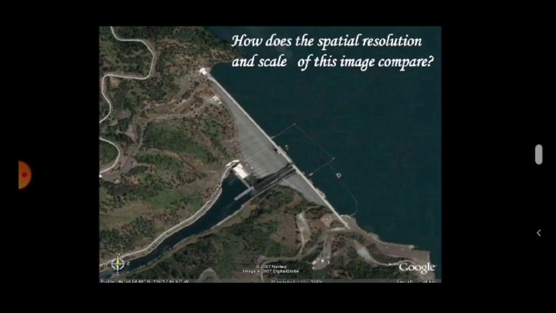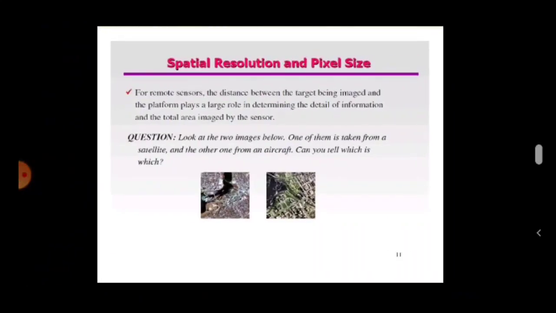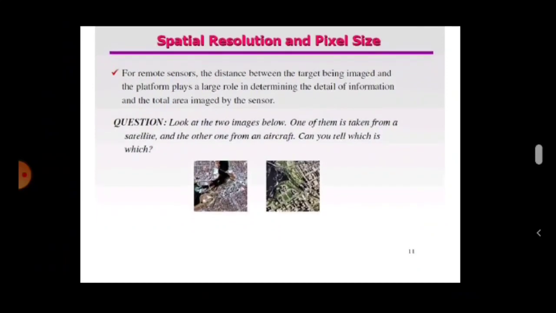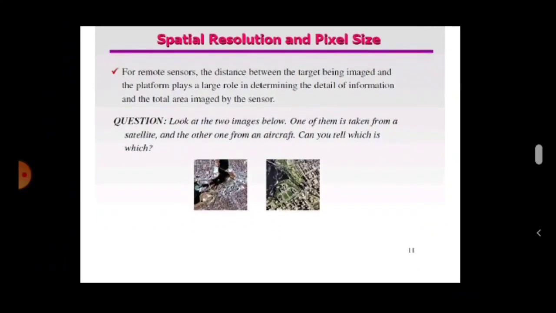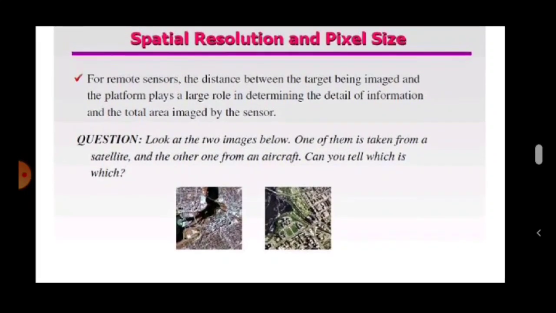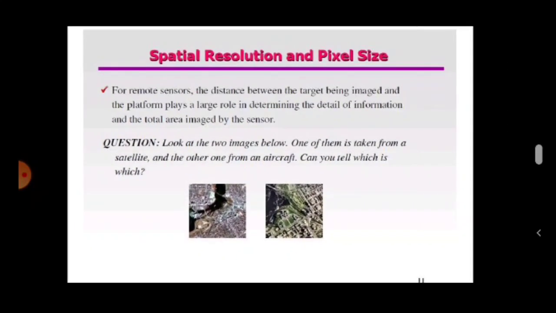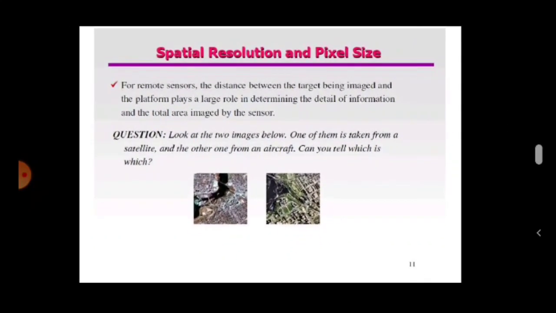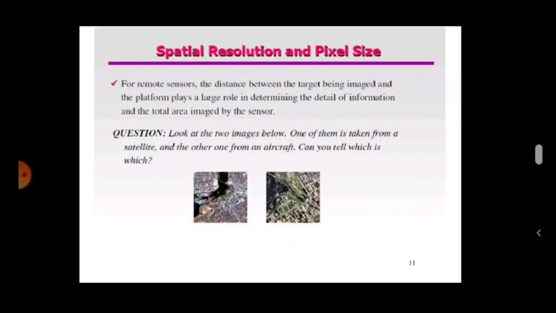So this is something to think about, how the spatial resolution and scale of an image compare. For remote sensors, the distance between the target being imaged and the platform plays a large role in determining the detail of information and the total area imaged by the sensor.